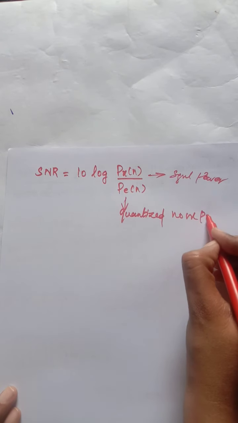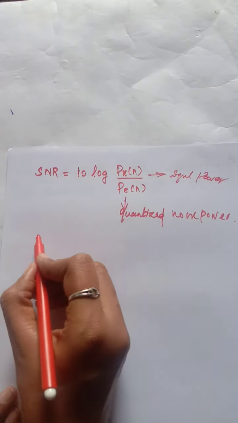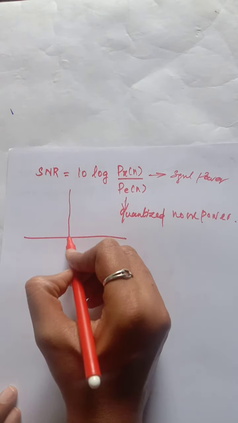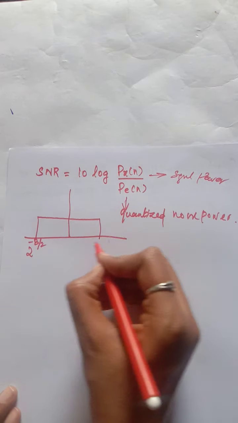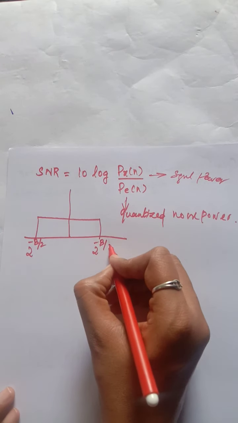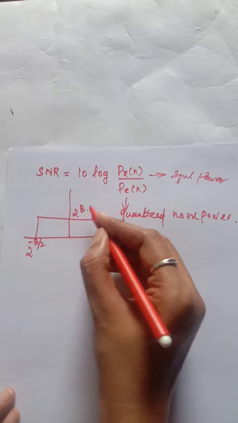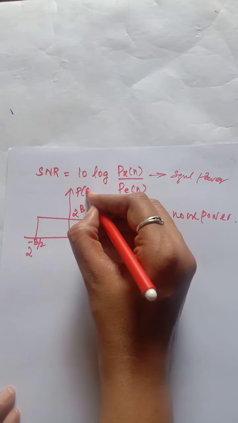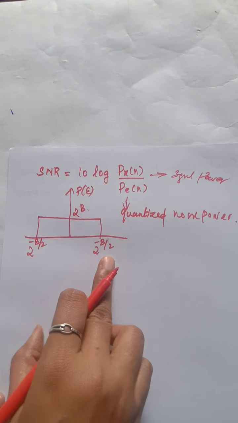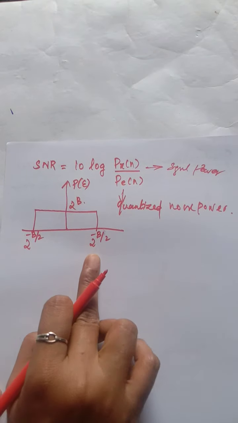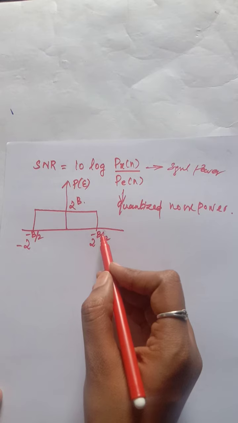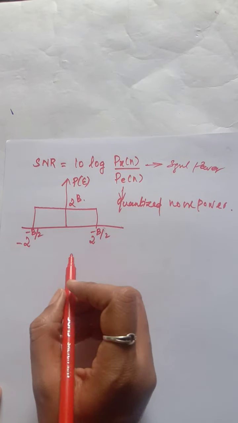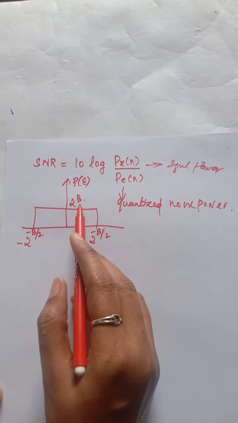Okay, now the probability density function for this lies between 2 power minus b by 2 and 2 power minus b by 2, and here the magnitude is 2 power b. Okay, so this is the probability of error. Here we are going to assume that this lies in the range minus 2 power minus b by 2 to plus 2 power minus b by 2, and the magnitude of this is 2 power b.